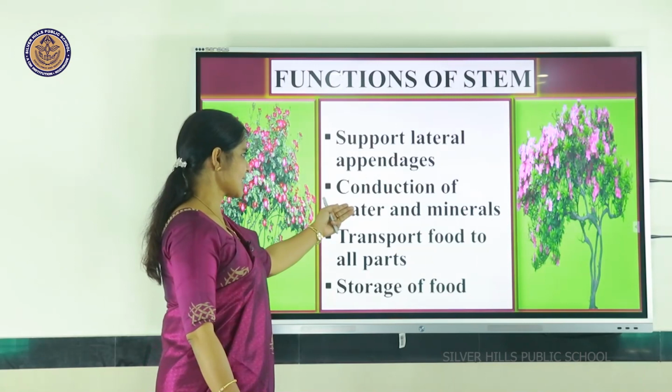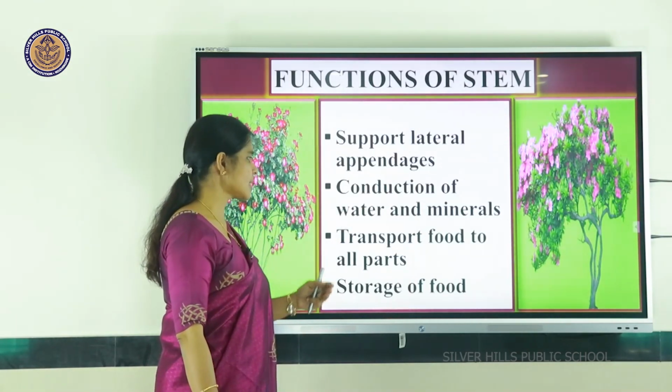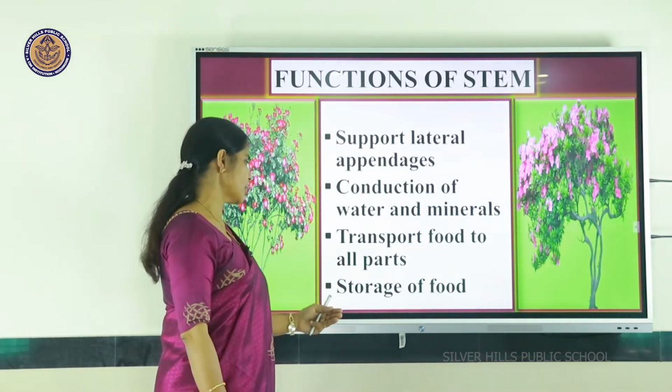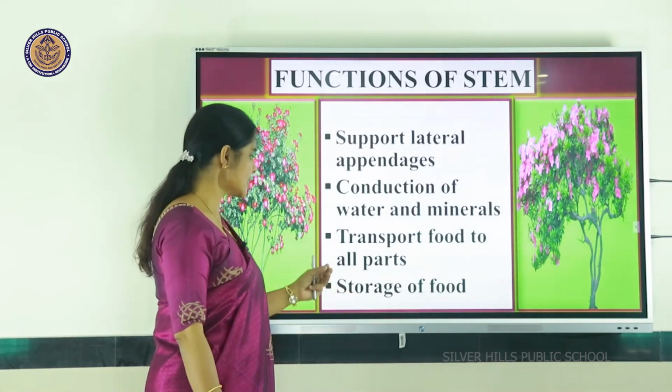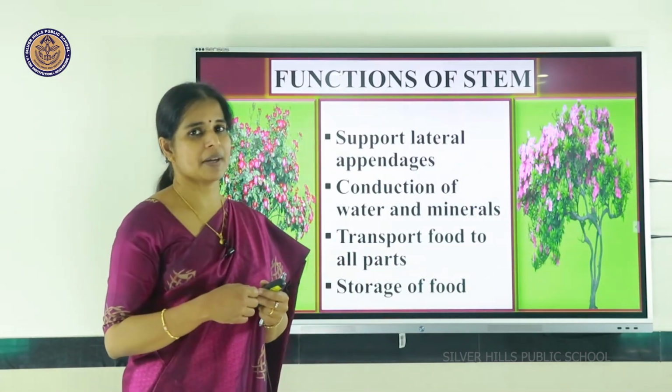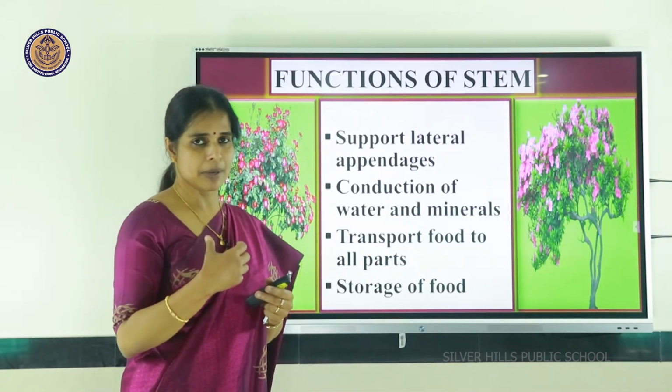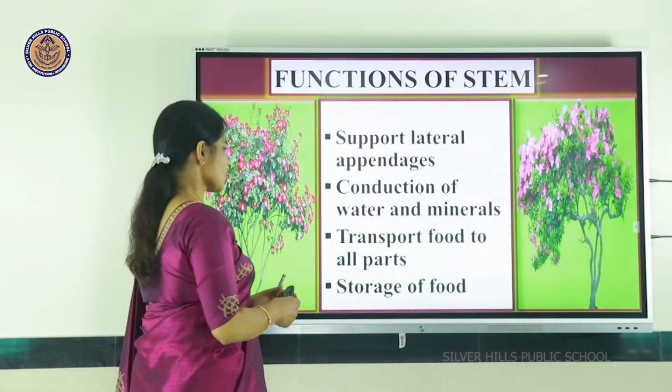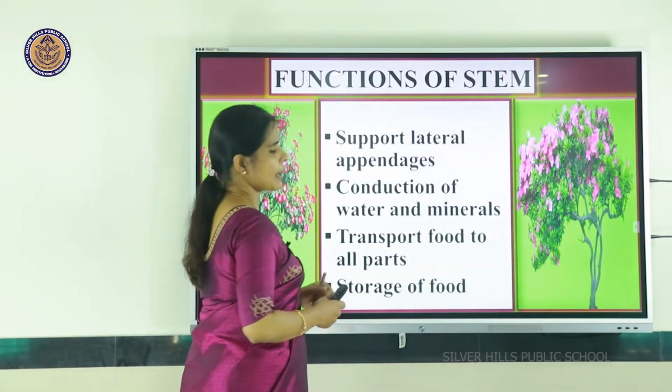So both ways, it helps in the conduction of water and minerals, and also the transport of food to different parts of the plant. The last function: when excess food is prepared, it has to be stored in the plant. In some plants, the storage of food is also done by the stem.